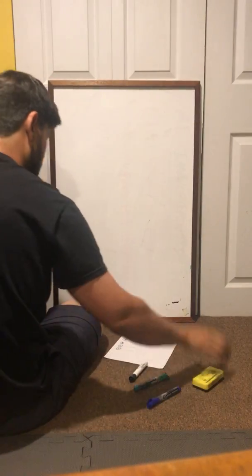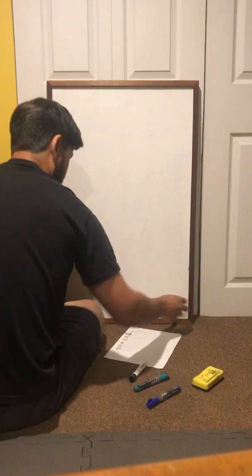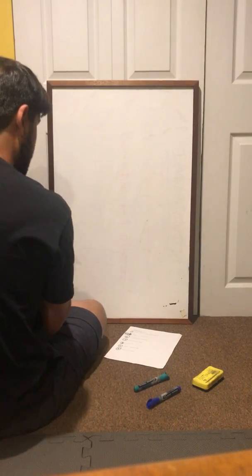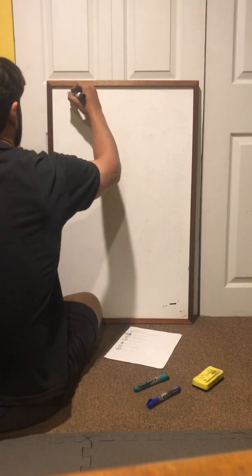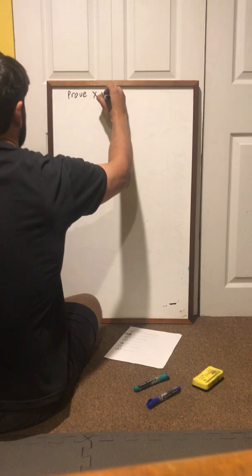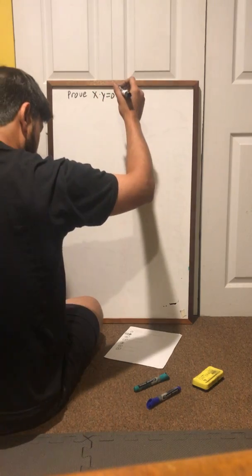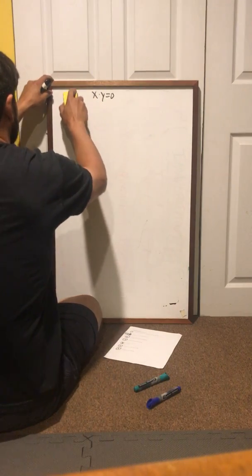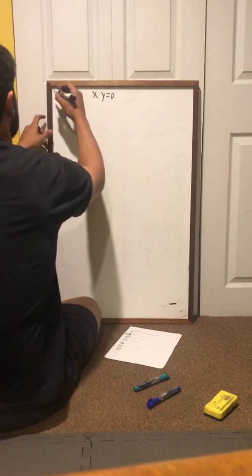Alright. So going on to number 4, okay, this one's going to be a proof by cases. We'll explain what that is in a second. Alright? Prove x times y equals 0 if, that's our if statement.